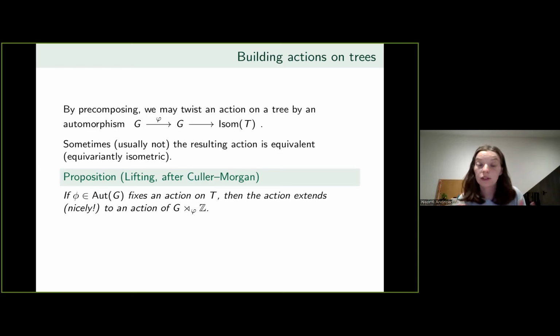And there's a useful proposition which is kind of alluded to in Culler and Morgan's work. I often think of it as a lifting property. If I have an automorphism which is fixing an action, then the action extends nicely to an action of the mapping torus. What do I mean by nicely? I mean the G that you began with and the G you see there are the same ones.